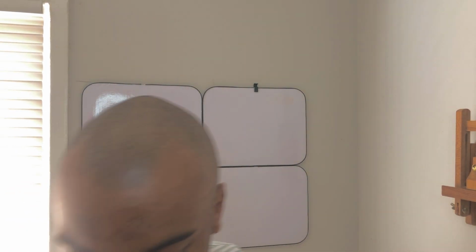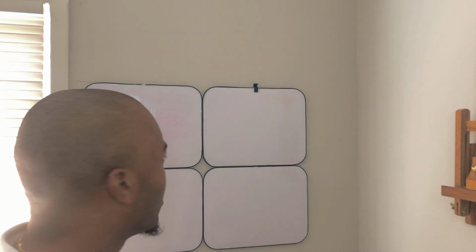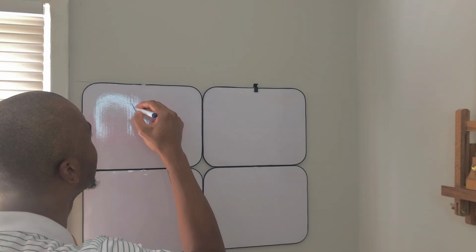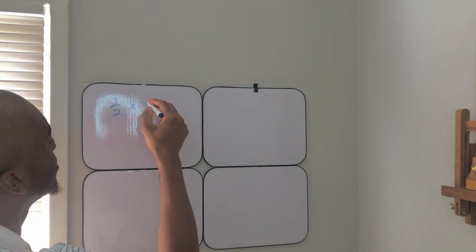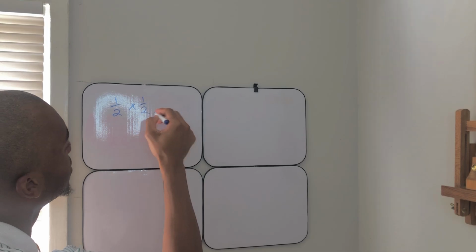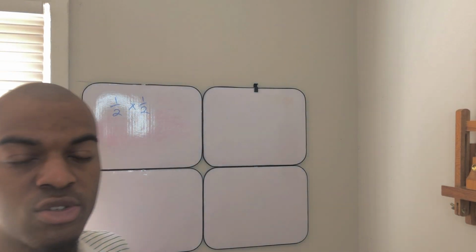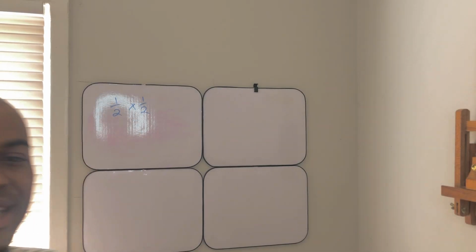I was going to talk about multiplying fractions, for example, something like 1/2 times 1/2, and how you go about doing that. But I started thinking, well, what is multiplication even? What is that?